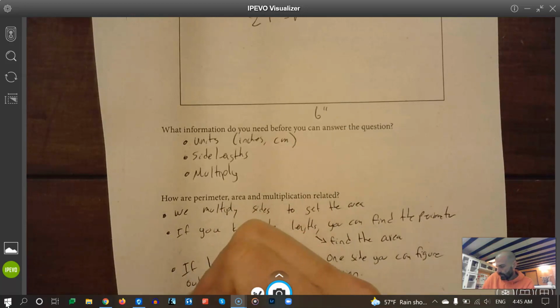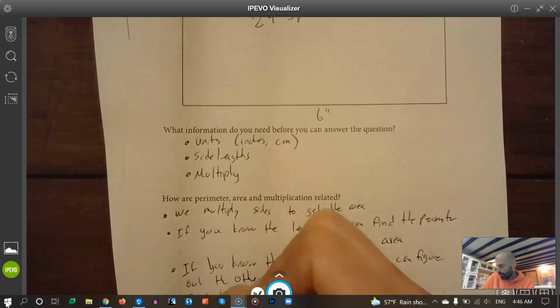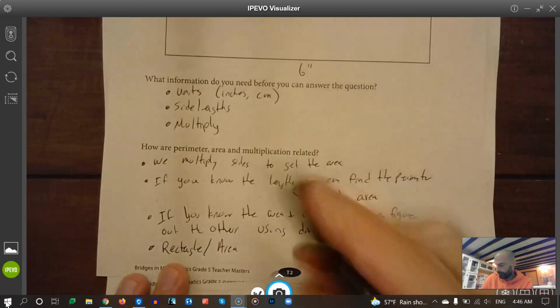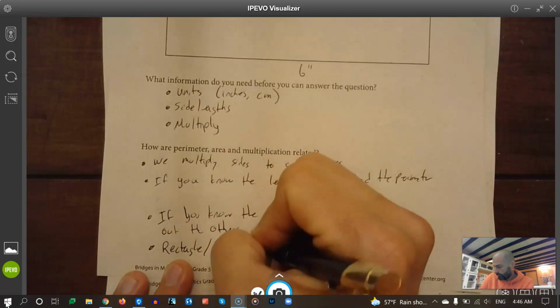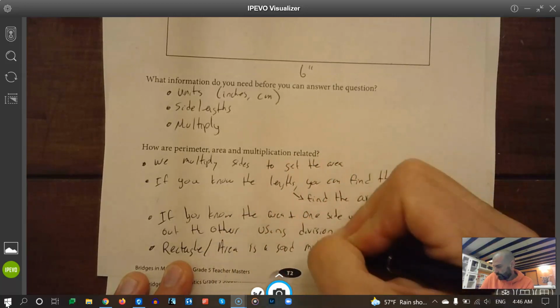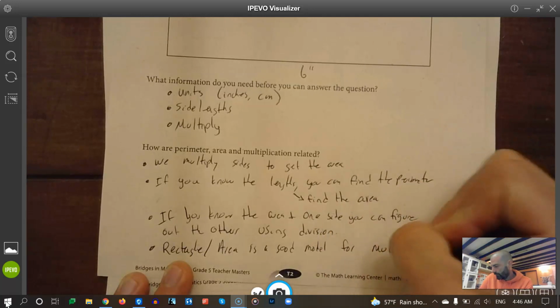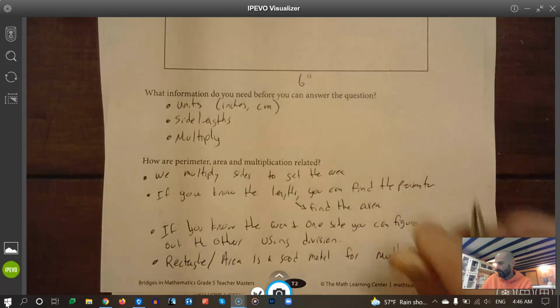And then finally, a rectangle area is a good model for multiplication. So let's go back up here.